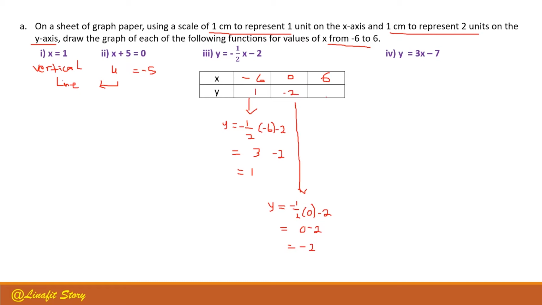And then if x is 6, y is equal to -1/2 x minus 2. -1/2 times 6 is equal to -3. -3 minus 2 is equal to -5.